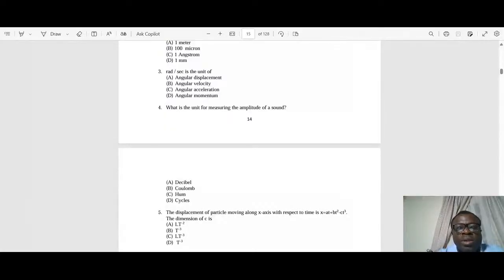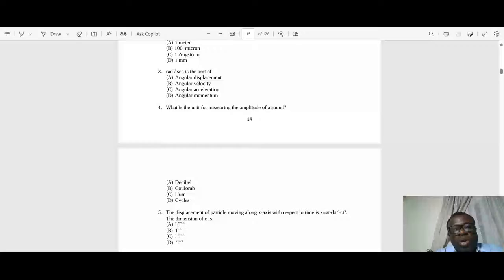Column measures charges. Circles, you talk about frequency. So the unit is A, decibel. I hope you are taking down notes.